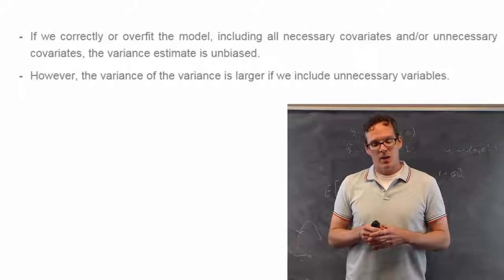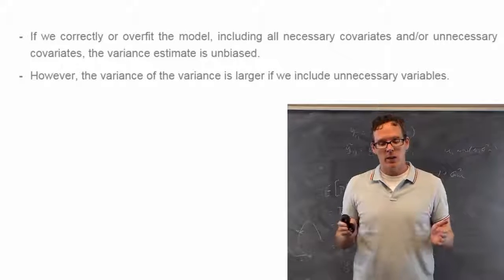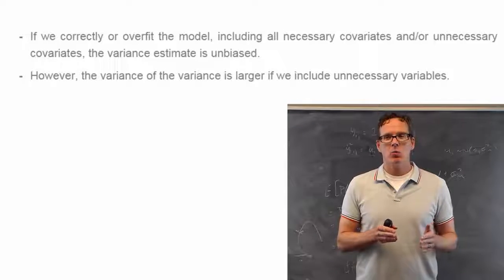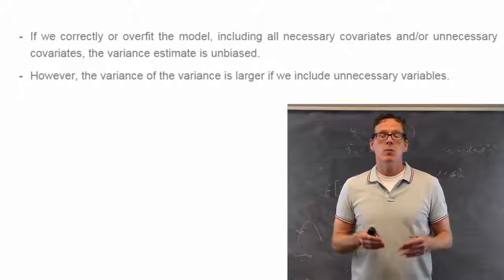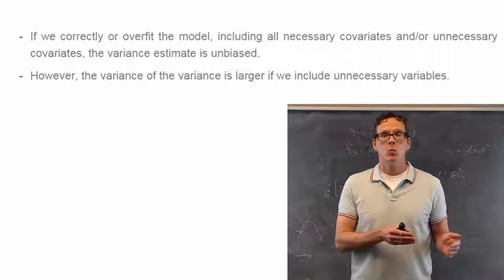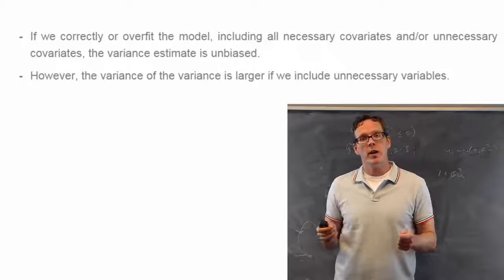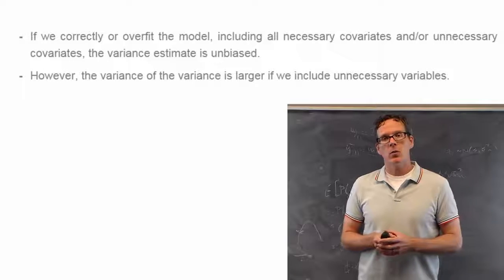However, the variance of the variance estimate gets inflated if we include unnecessary variables. So it's actually kind of the same rule. If we omit variables, as we discussed before with coefficients, then we get bias. If we include variables, then we get a less reliable estimate. So it's roughly the same impact going on.